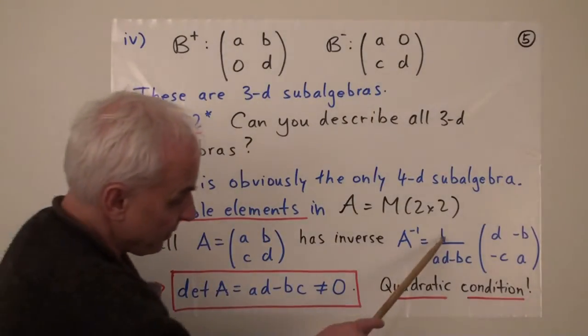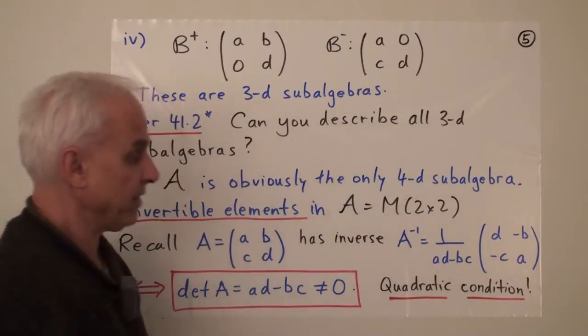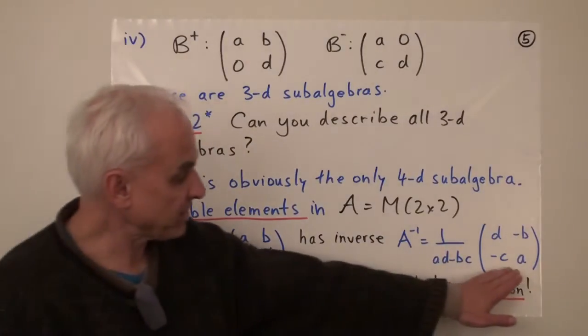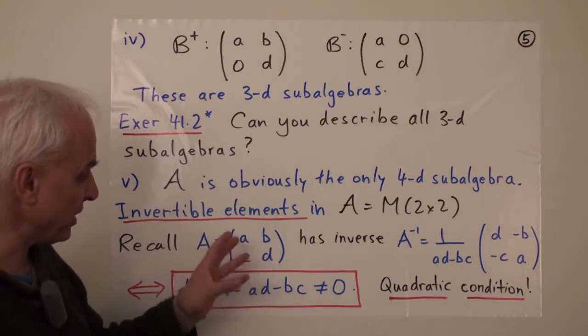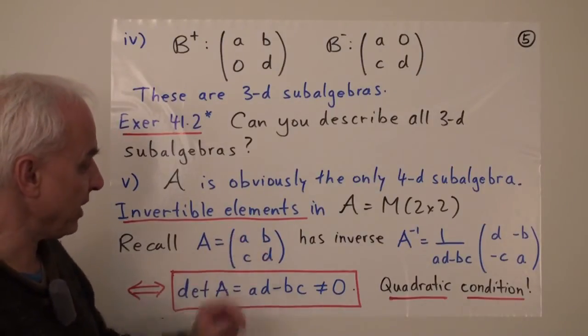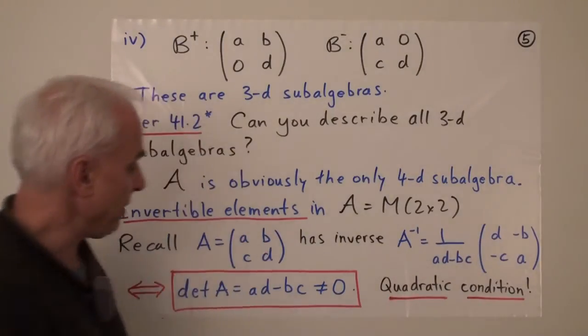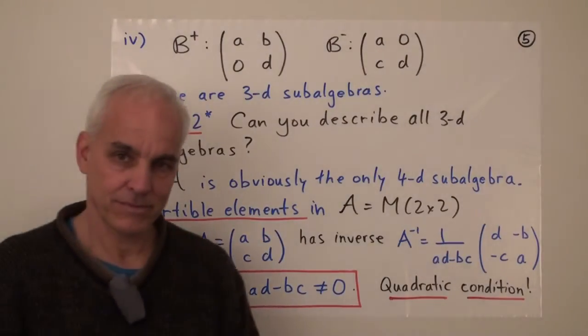So we have a factor out front which is 1 over that determinant. And then the matrix that's appearing here is an interesting twist on the original matrix, obtained by swapping the two diagonal elements and multiplying the off-diagonal elements by -1.